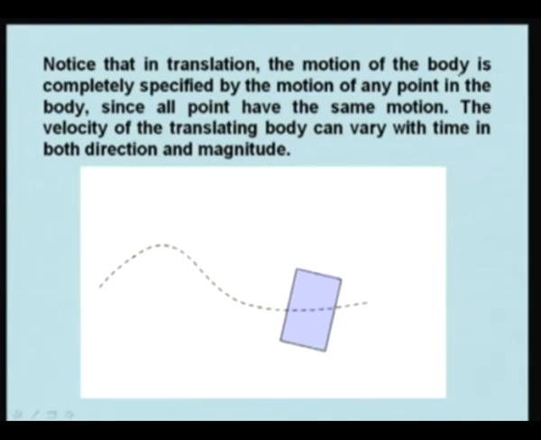However, the velocity of all points will be the same. So, generally we speak of the mass center. We specify the velocity of the body by the velocity of the mass center. In translation, the velocity of the mass center will provide the velocity of any point on the body.